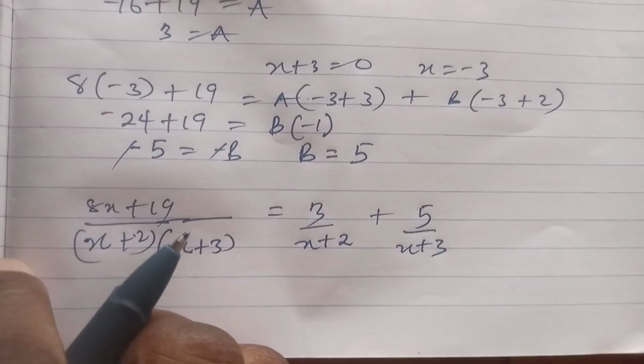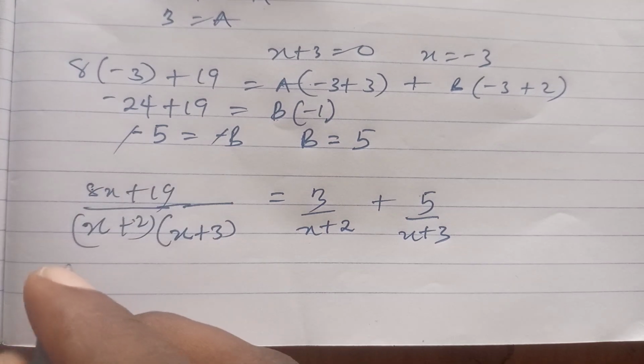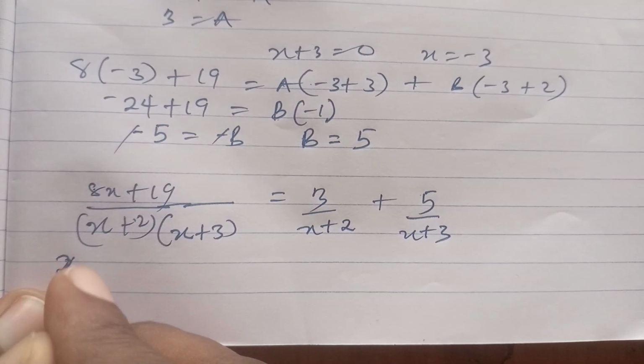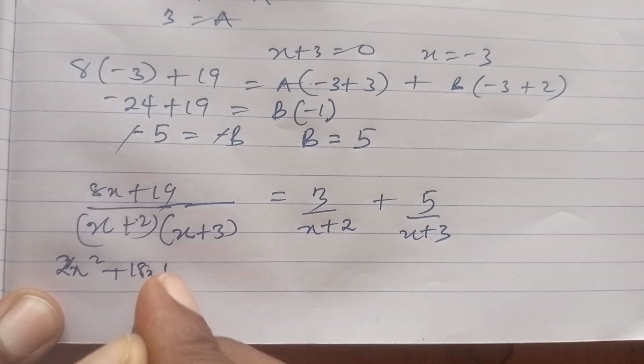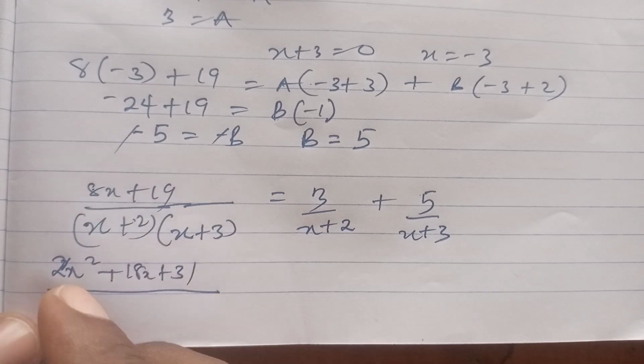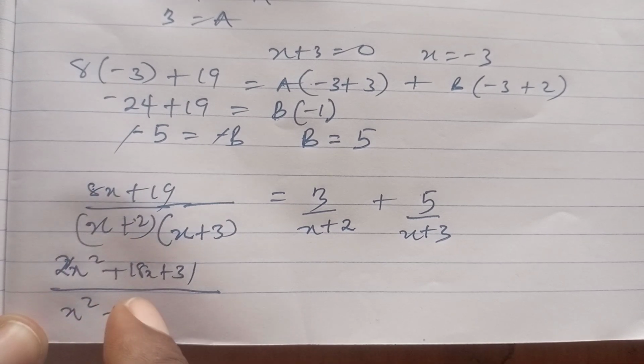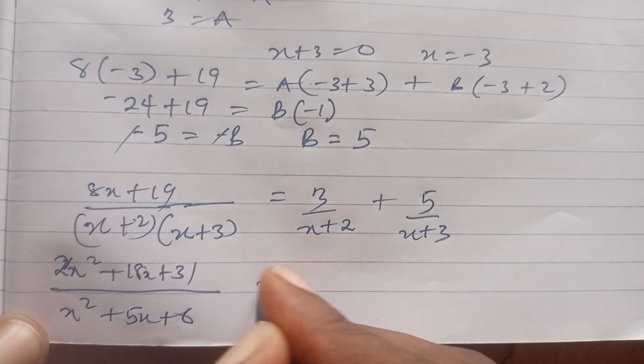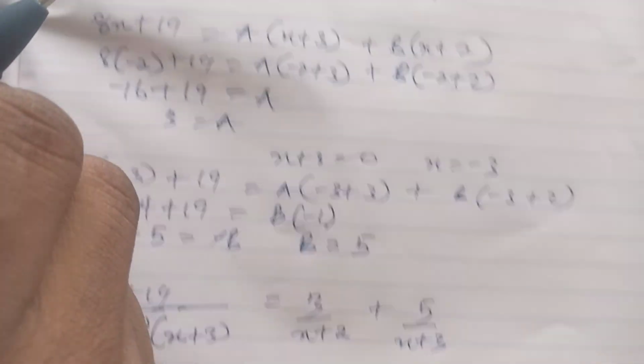So finally, (2x squared plus 18x plus 31) over (x squared plus 5x plus 6) equals, now this 2, don't forget, we are following the same equation.